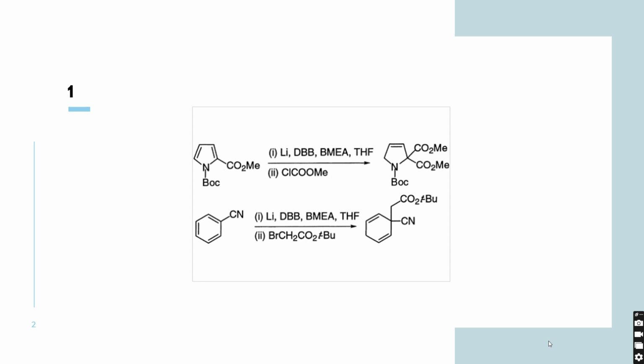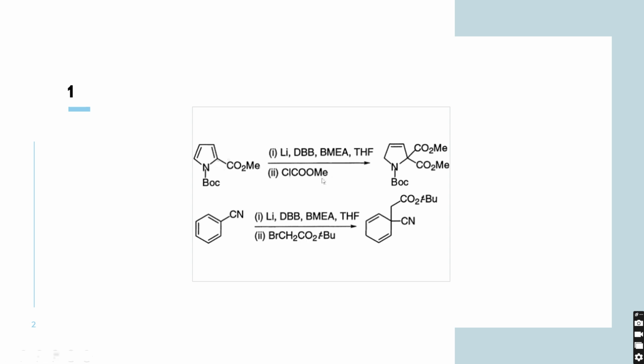Okay, so at first we started the question series with these two Birch reduction questions, and you saw that both the substrates were having electron withdrawing groups on it. Okay, so the first electron that was coming from the metal was preferably attacking at the position which is containing the electron withdrawing group.